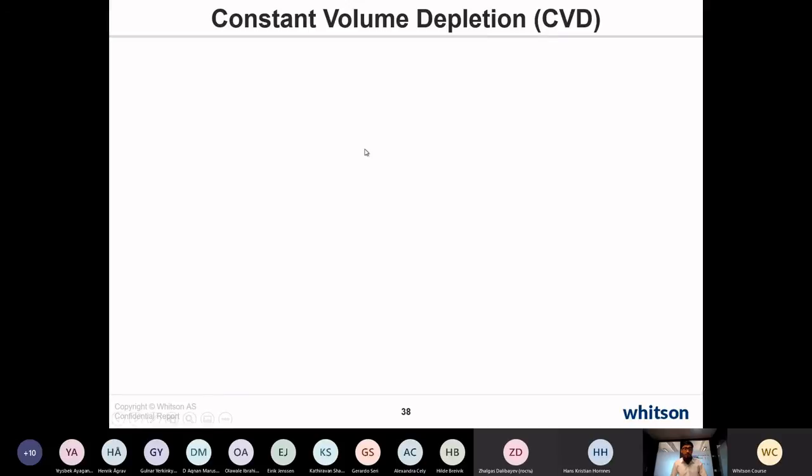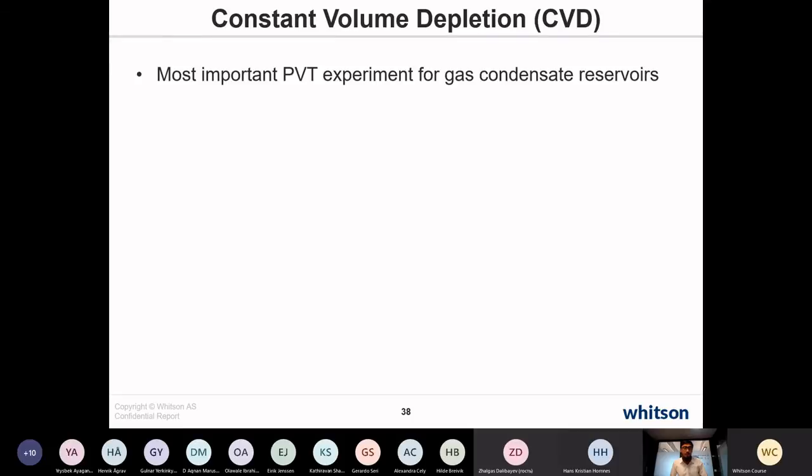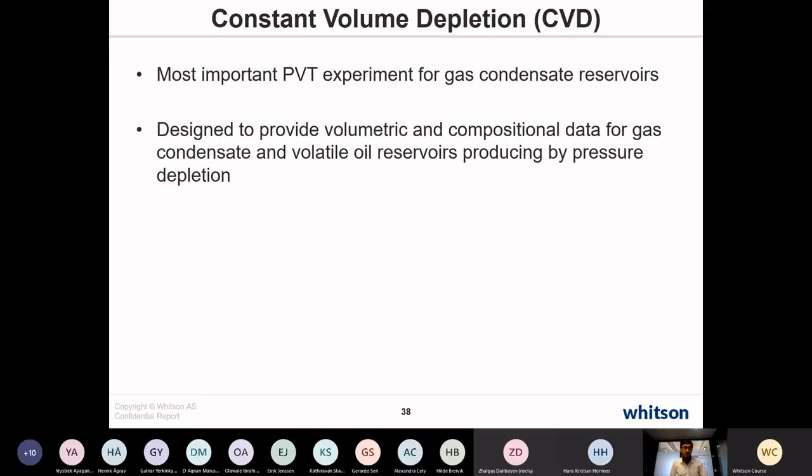So we just jump to the CVD experiment, and that's the last experiment we have on the list. We briefly touched upon this before, and that's the most important PVT experiment for gas condensate reservoirs because it replicates the depletion performance, and it is designed to provide volumetric and compositional data for gas condensate and also volatile oils.